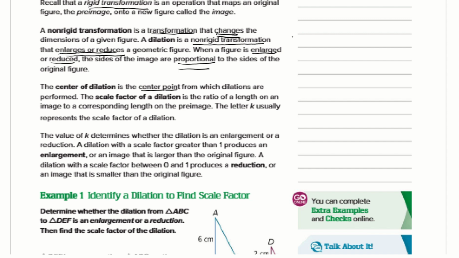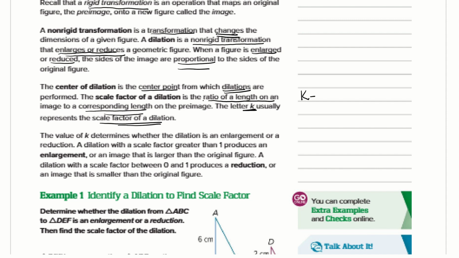The scale factor, and let me put the dilations here. The scale factor of dilation is the ratio of the length on an image to a corresponding length on the pre-image. Okay, so in other words, the scale factor, we usually use K for that, by the way. So the letter K usually denotes the scale factor.